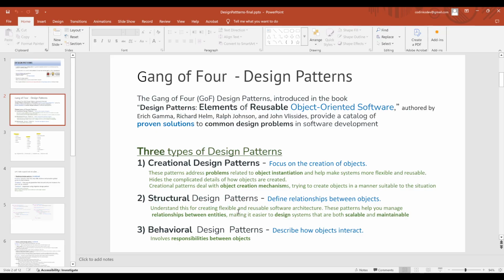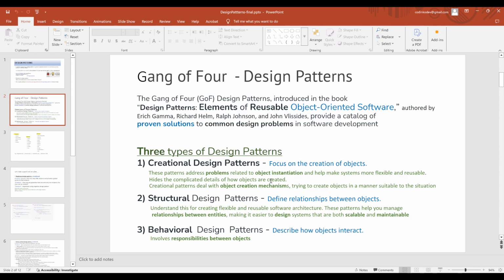This pattern addresses problems related to object instantiation and helps make systems more flexible and reusable. It hides the complicated details of how the objects are created, so it mostly deals with object creation mechanisms. There are multiple problems involved in creating an object and managing that particular object creation, right?